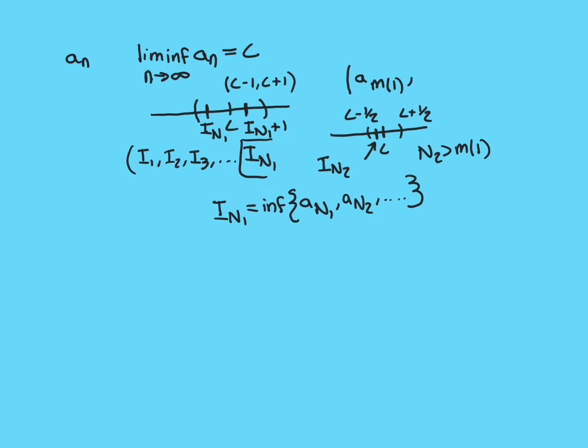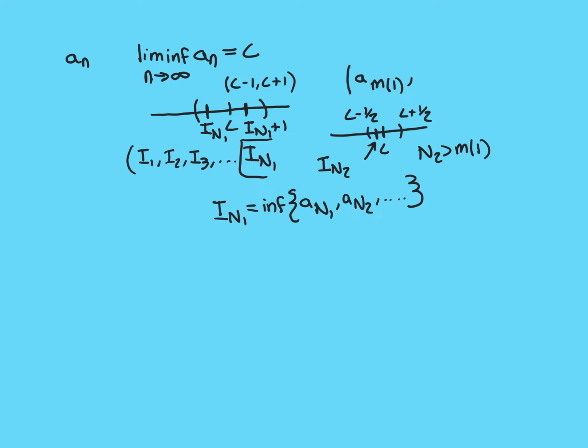Now, to find the second term of my subsequence, I will look at the interval of radius 1/2 around L, which I've started to draw here. So here's L minus 1/2, here's L plus 1/2. And again, by the fact that I know the sequence of infimums converges up to the value L, I'm going to find this infimum I_N2 such that it is inside this interval of radius 1/2 around L. But I'm also going to select N2 more carefully.